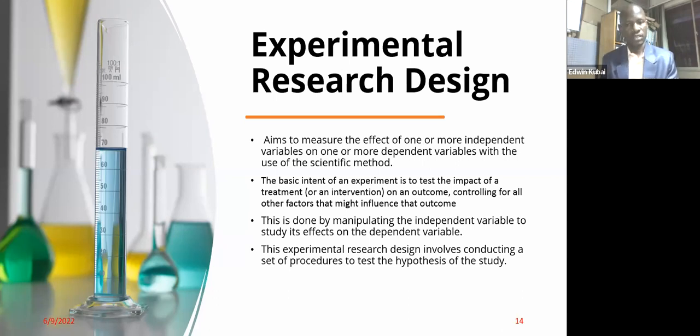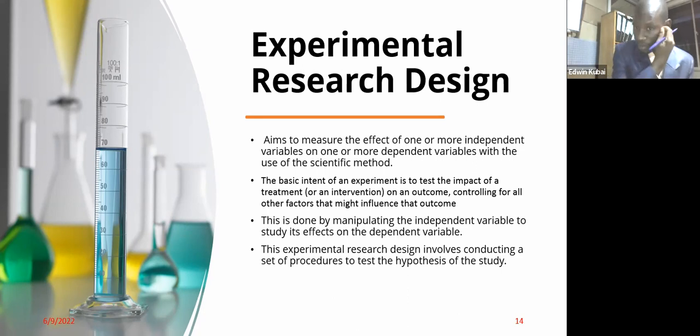So you want to find out the effect when one variable is controlled, what happens to the other variable, or if there is an intervention, a treatment on one variable or one group, what happens to the group that did not have treatment. That is a scientific way of coming up with research findings.